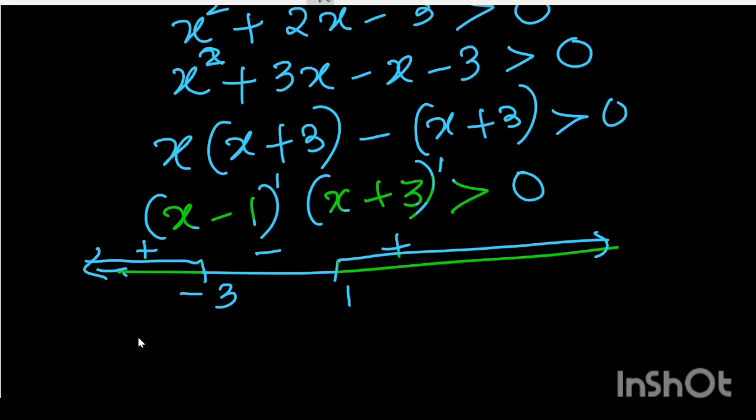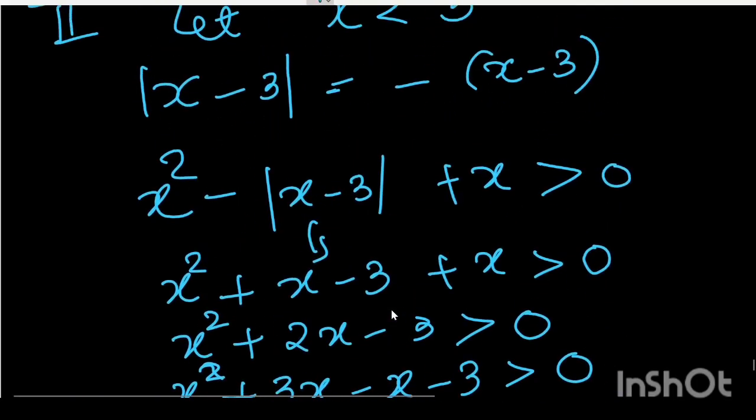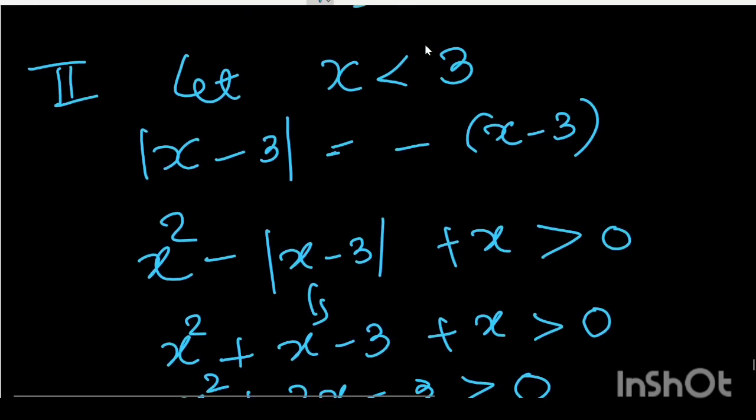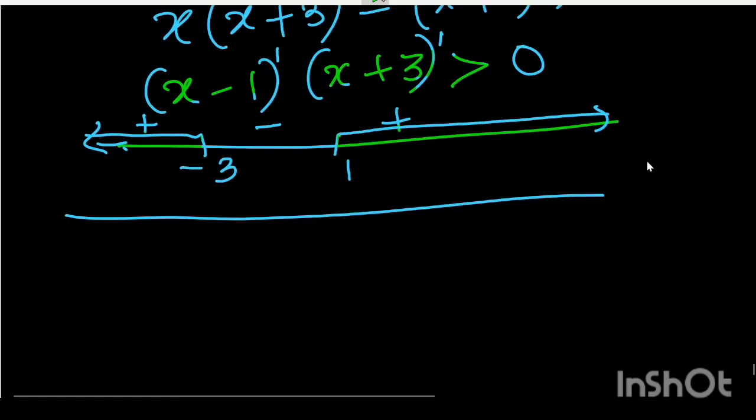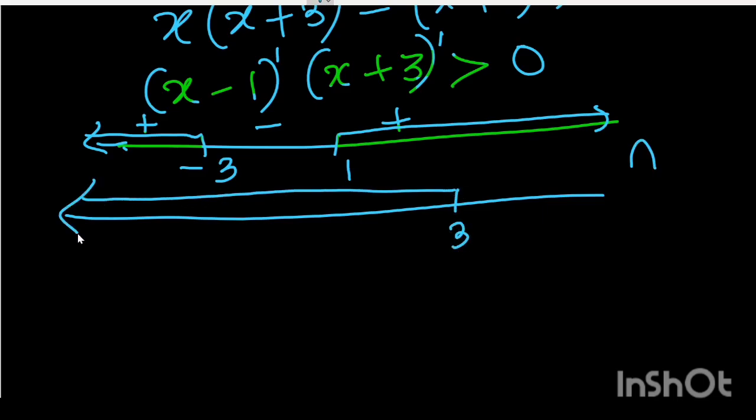But in the second case, what we assumed was x less than 3. So we take the intersection with what we assumed in the beginning of case 2. So x less than 3, so it will go on the left, minus infinity to 3.